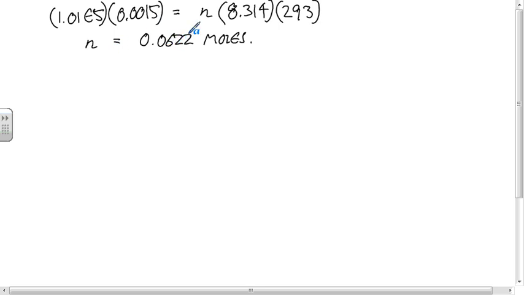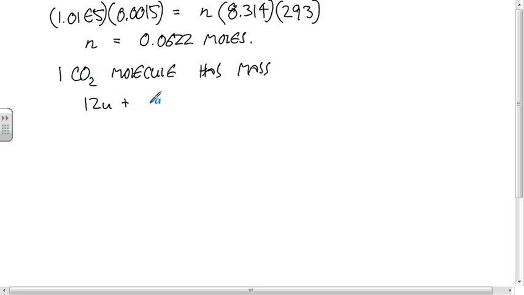That's what we're trying to solve for part A. So one CO2 molecule has a mass of, carbon has a mass of 12 u, and there's 1 carbon. There's 2 oxygens, and those each have a mass of 16 u. And so you get a total mass of 44 atomic mass units.